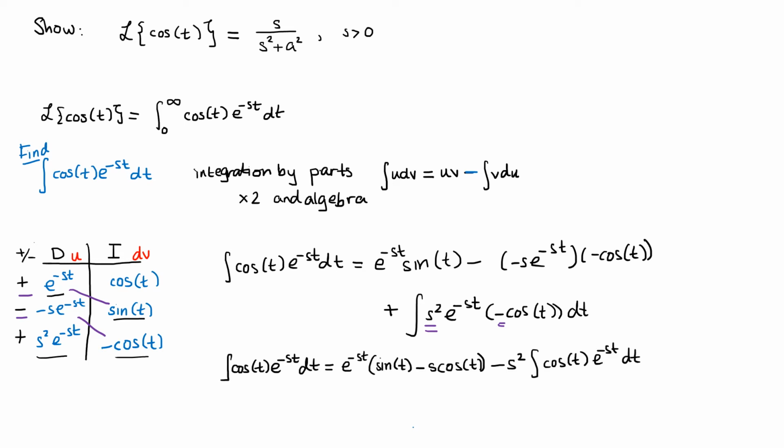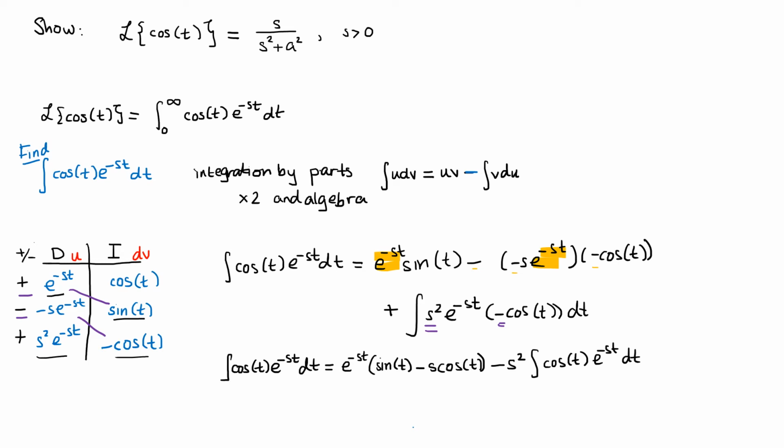What I've done is I factored out e to the negative st from both of these terms that are outside of an integral. I consolidated these negative signs. We had 1, 2, 3 negative signs down to just a single one. And this s squared and the negative sign got pulled out from inside of the integral.